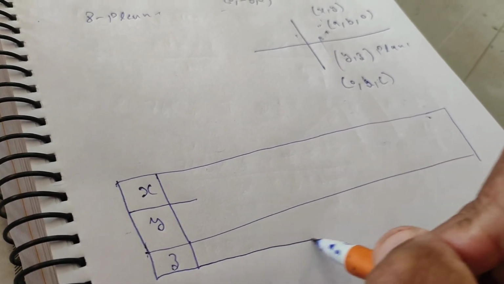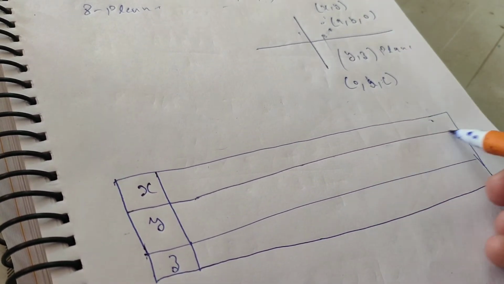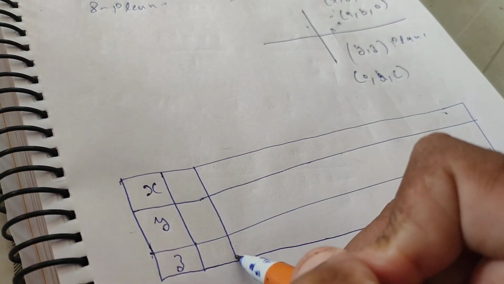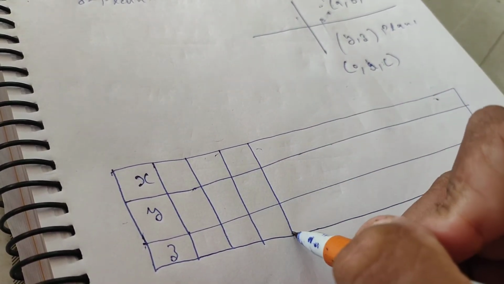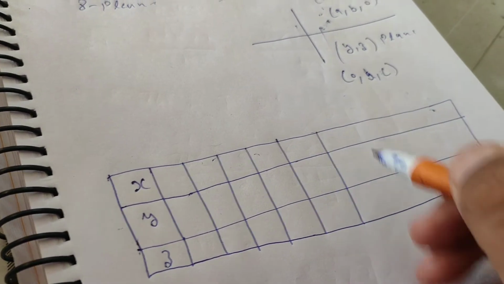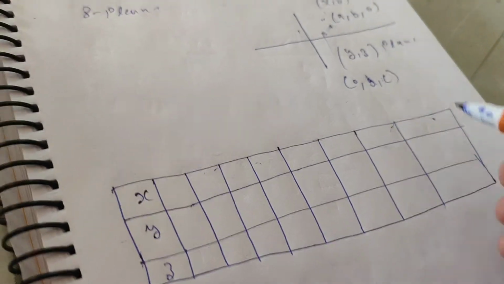There are our 3 axes. We have this and that: 1, 2, 3, 4, 5, 6, 7 and 8.